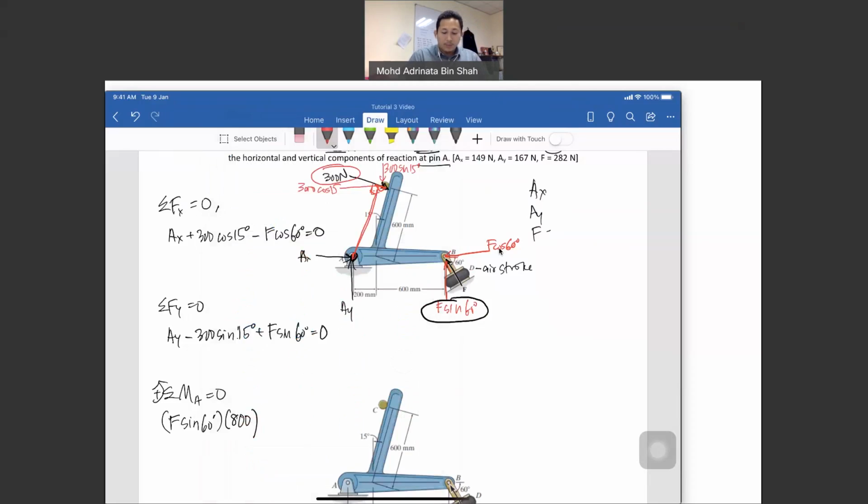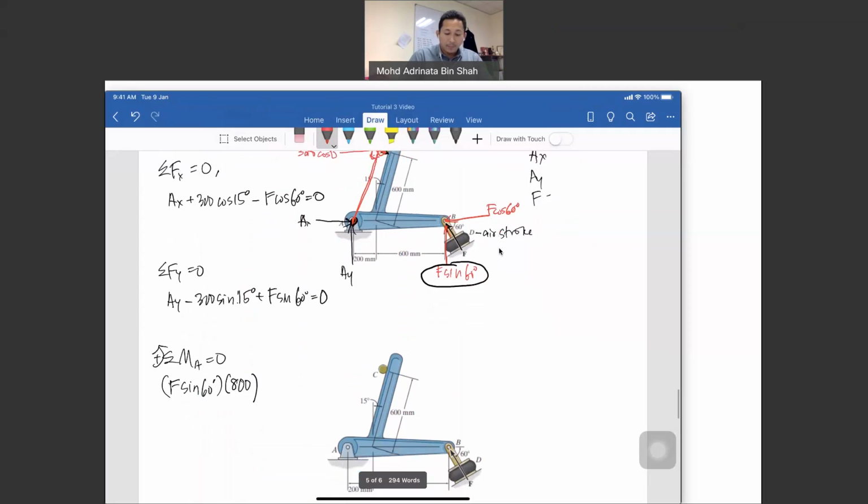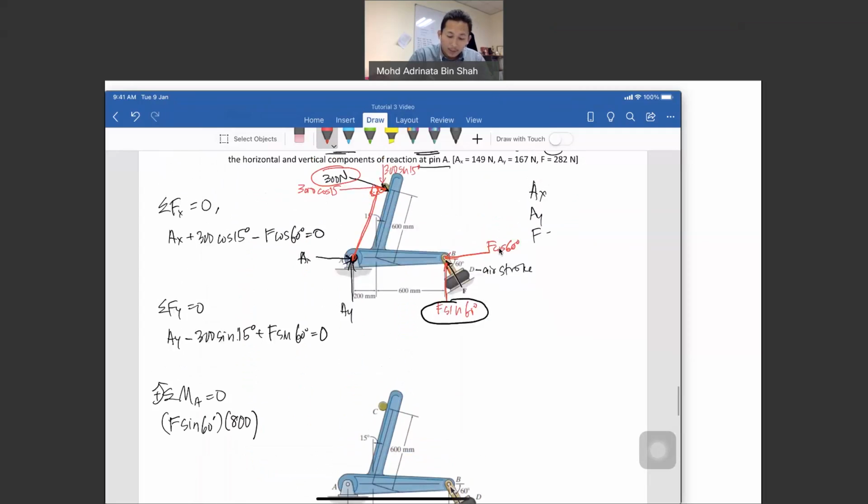So from that one, we need to find the distance. The distance is, this one is 600, and then we need to find this one.